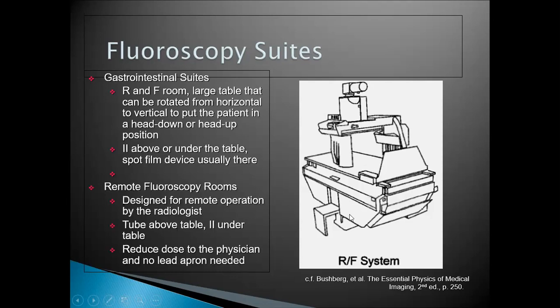The fluoroscopist, the physician, the radiologist, the neurologist would be in another room with lead glass separating them, and the wall, just like in other modalities like CT and MRI, where the machine is in one room and the radiographers are in another place.